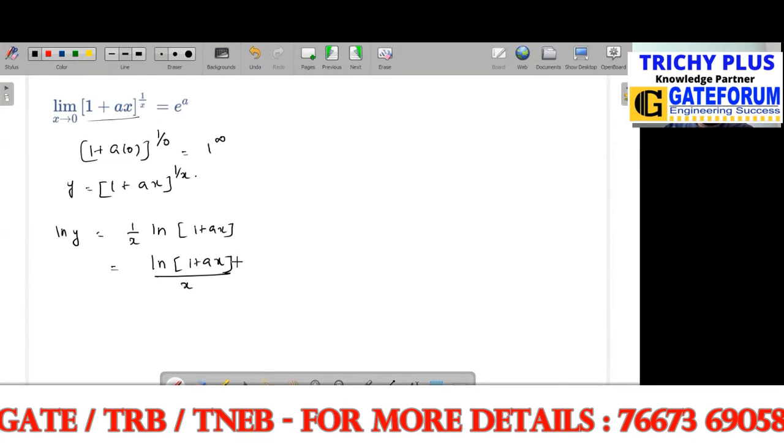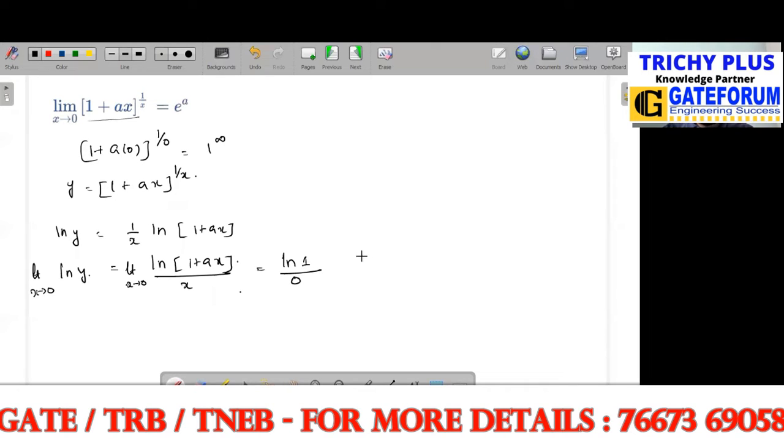Now it is in the form of f of x by g of x, and this is still ln y. If I apply the limit x tends to 0 here, what will happen? This will give ln of 1 plus a into 0, which means ln of 1, divided by 0. What is the value of ln 1?